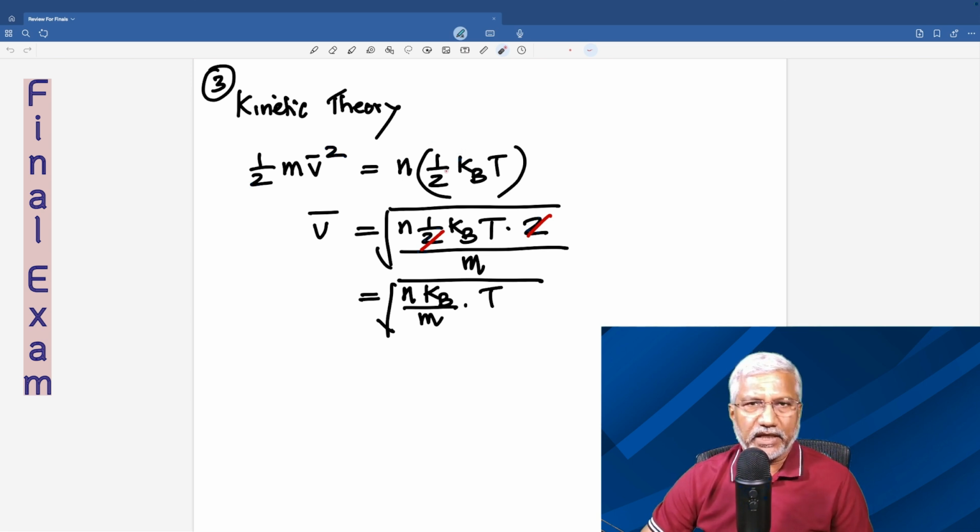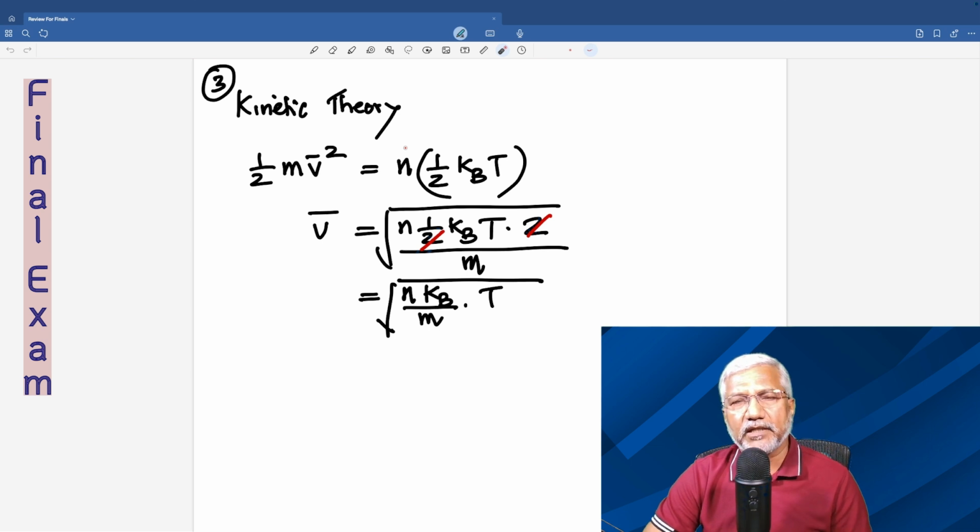On the right side, N shows the number of degrees of freedom. For a monoatomic gas like helium, it has 3 degrees of freedom. For diatomic gases like oxygen, nitrogen, there are 5 degrees of freedom.